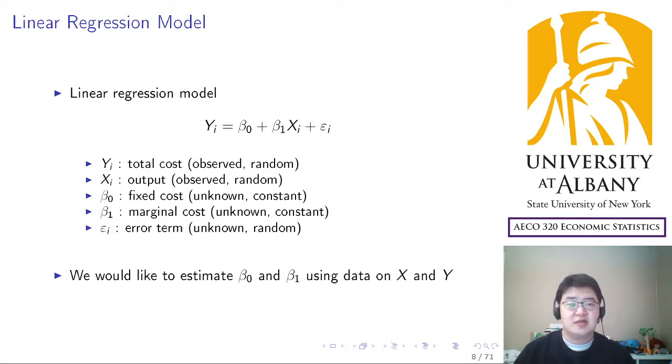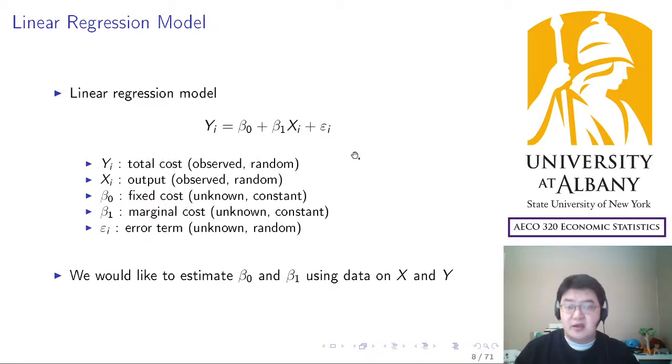So exactly that's the definition of the marginal cost. And additionally, we allow an error term, which is literally a white noise. It's a noise, and in data, we cannot explain perfectly. So in that case, all the errors are included in epsilon.